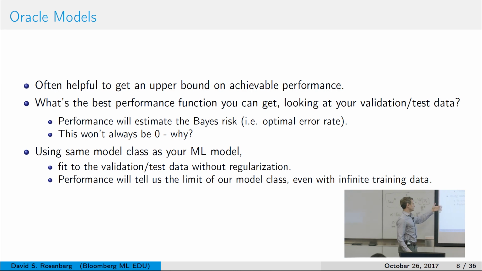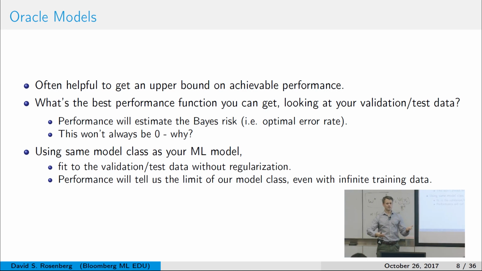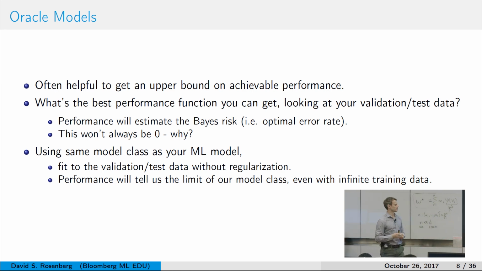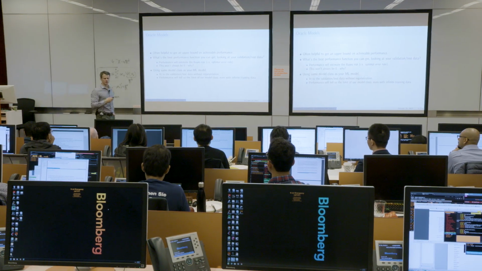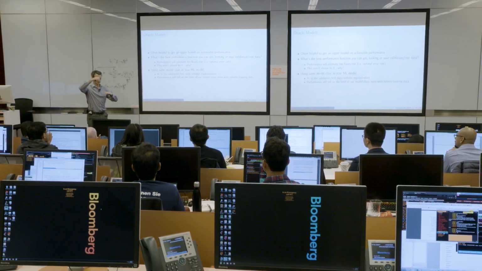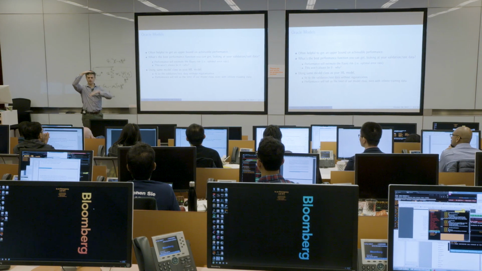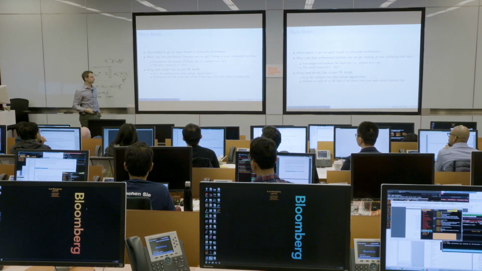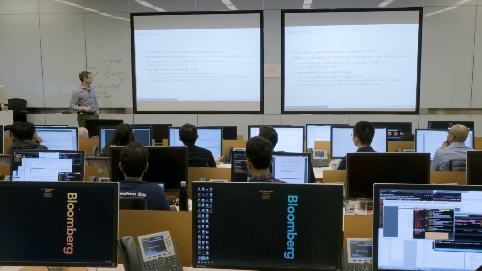That would be a clue that you need to enrich your hypothesis space, either by making more features or by using some fancier model that is more expressive. So oracles are good to compute to give you some baseline, and then you know you're somewhere in between is the achievable range.